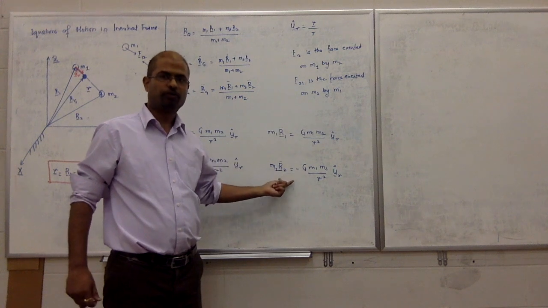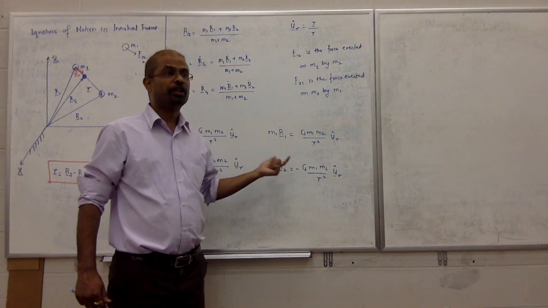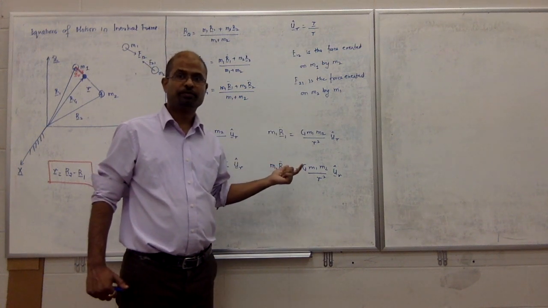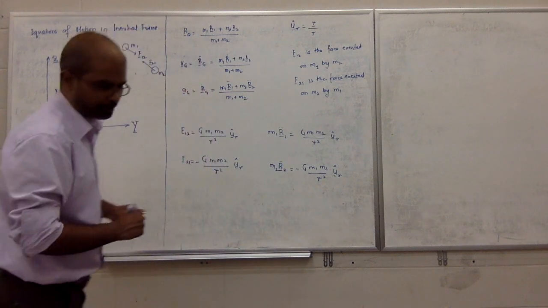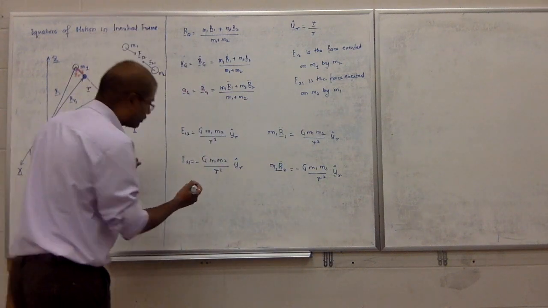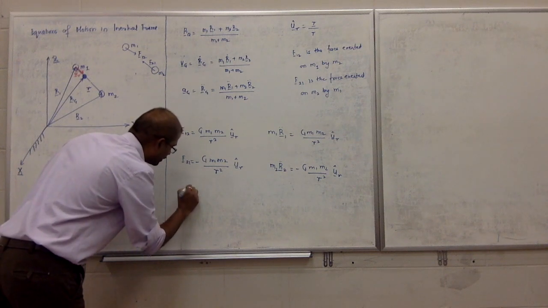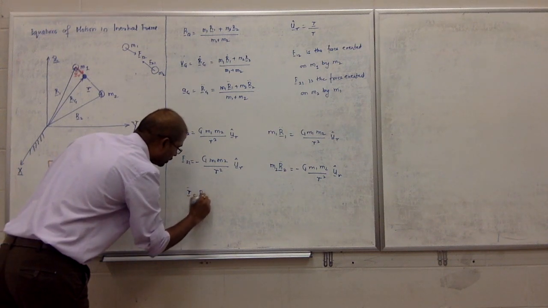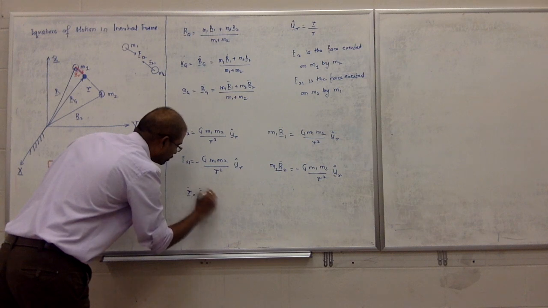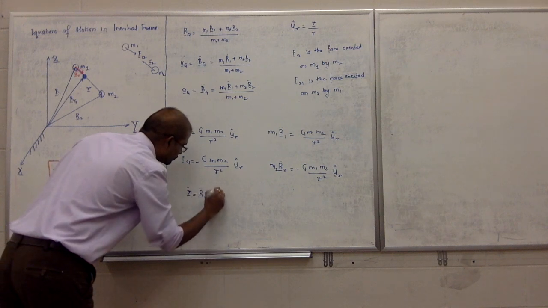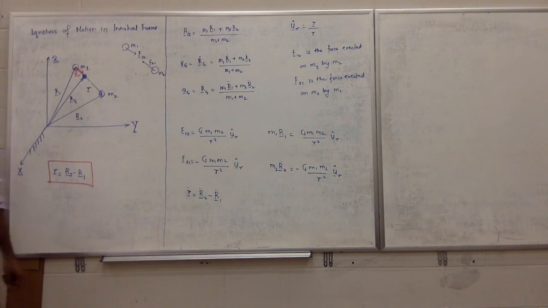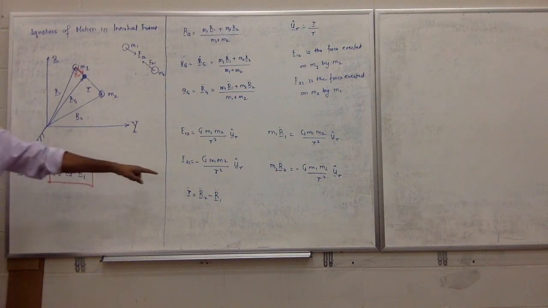R1, R2 are absolute, right? But we are not really interested in that. What we can really understand is R double dot equals R2 double dot minus R1 double dot. Correct? You with me?